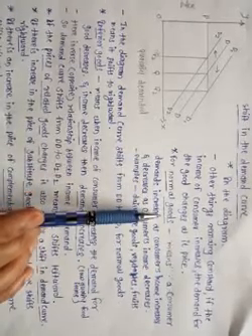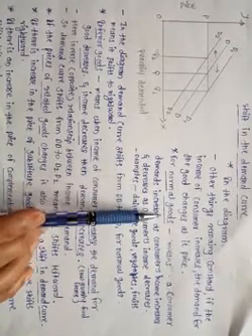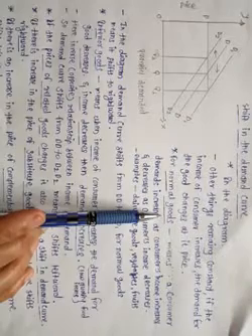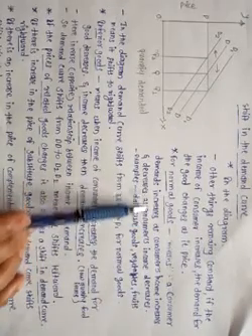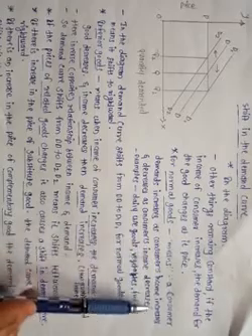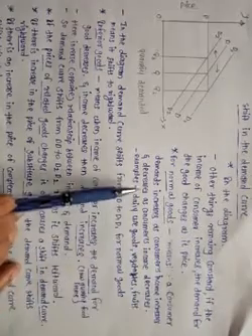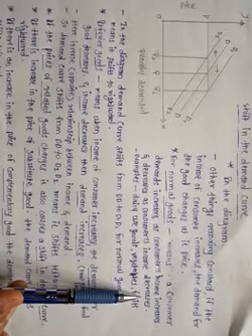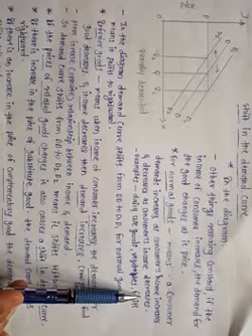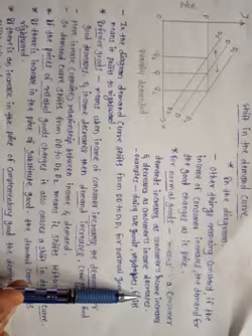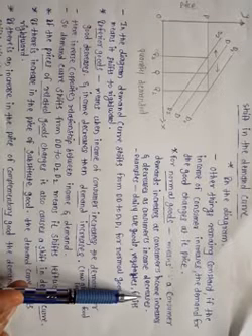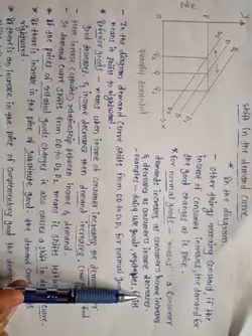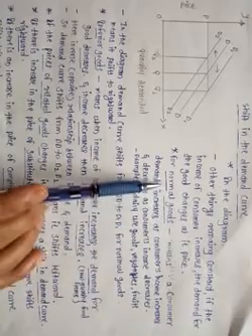For normal goods, the quantity a consumer demands increases as the consumer's income increases and decreases as the consumer's income decreases. If the income of the consumer increases, the demand for the good also increases, and if the income decreases, the demand for the good also decreases. Those goods we call normal goods.